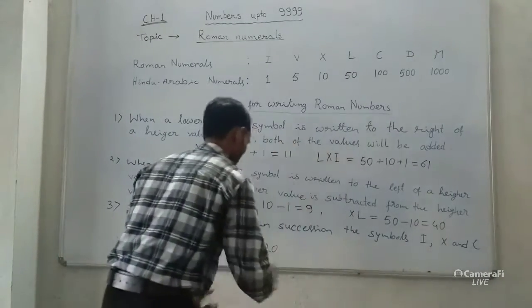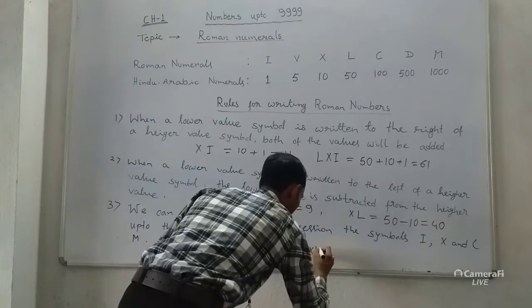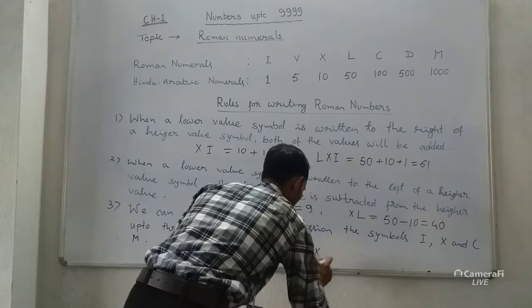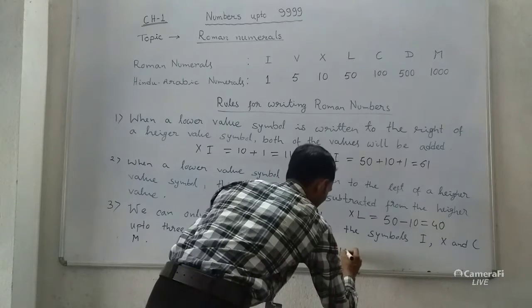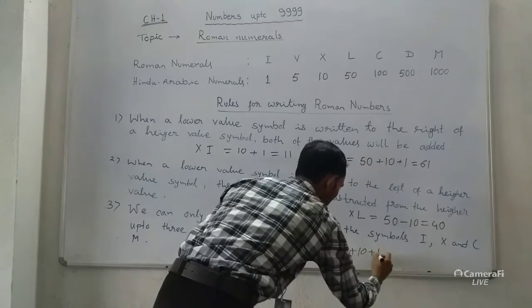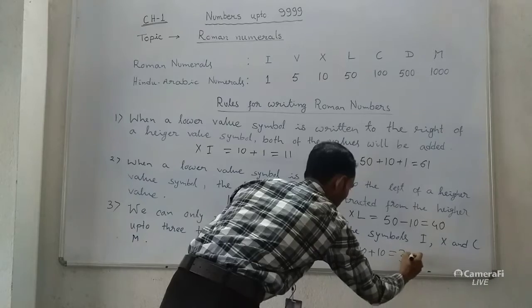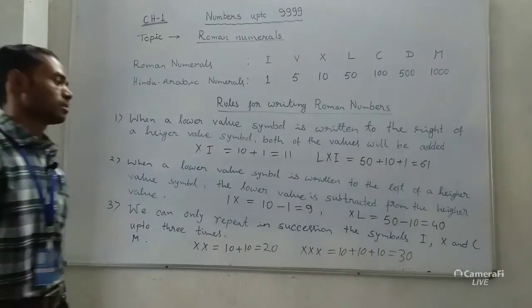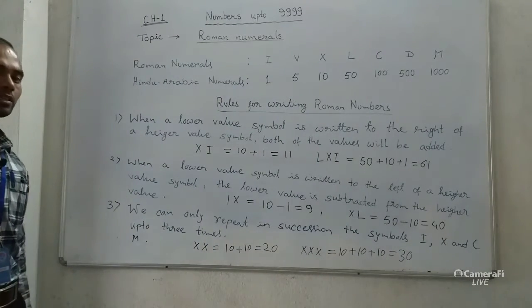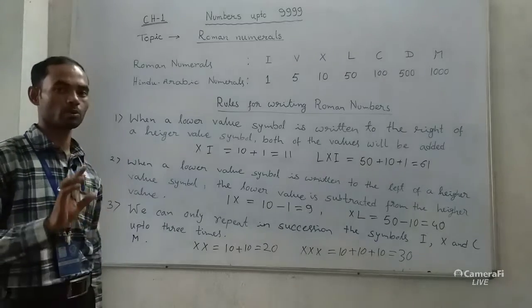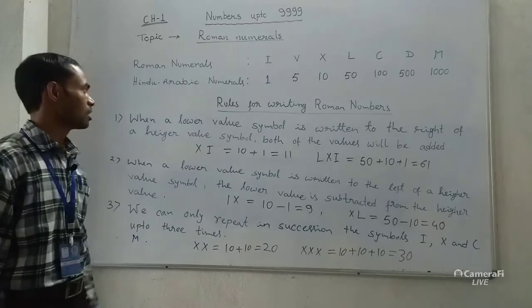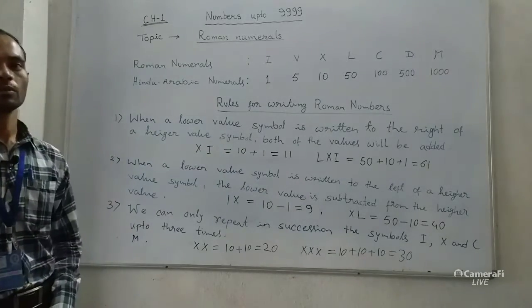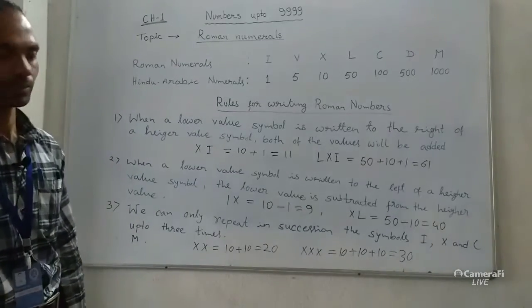Again X. So that is 10 plus 10 plus 10, 30. So in this way you can repeat maximum 3 times, but 4 times or more than 3 times is not allowed. So these are the rules for writing Roman numerals.